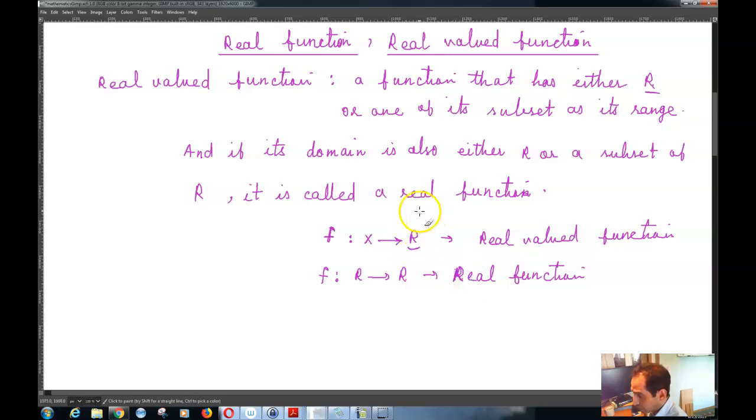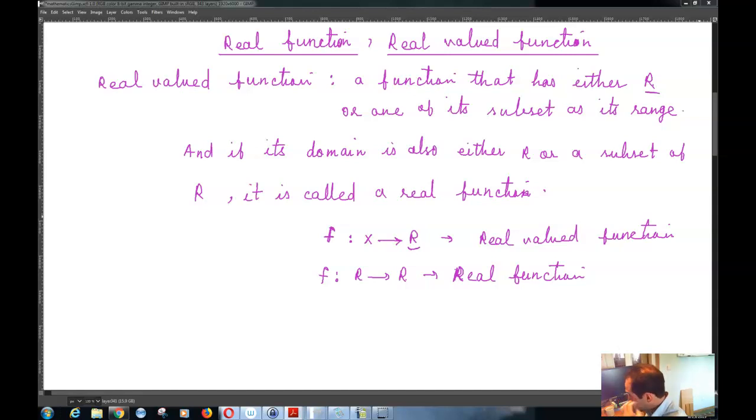But the problem is that since they're saying that it could be the set R or a subset of R, the definition is not very clear. But that doesn't really matter, as far as we are concerned, it's not really that important.